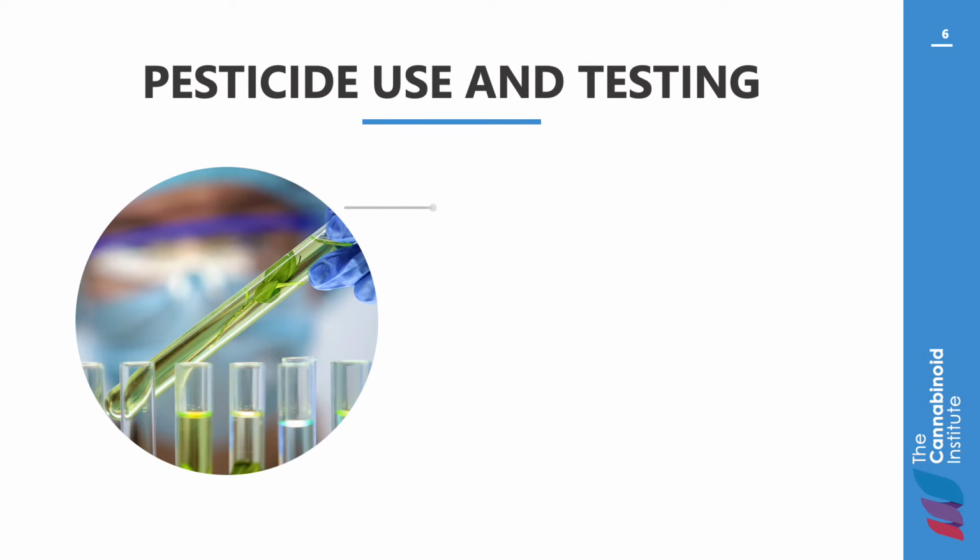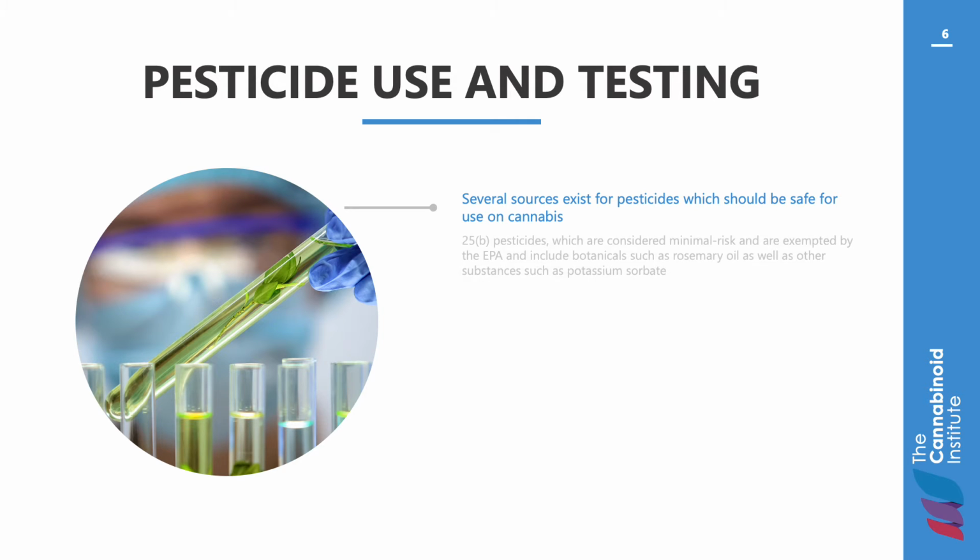Several sources exist for pesticides which should be safe for use on cannabis. Many growers stick to 25B pesticides, which are considered minimal risk and are exempted by the EPA. These include botanicals such as rosemary oil, as well as other substances such as potassium sorbate.